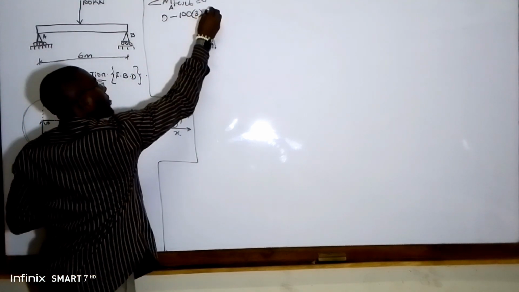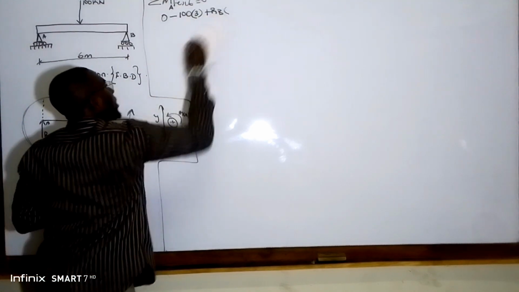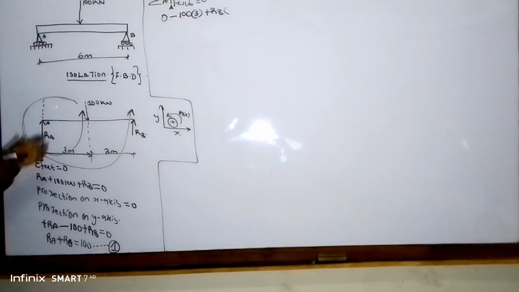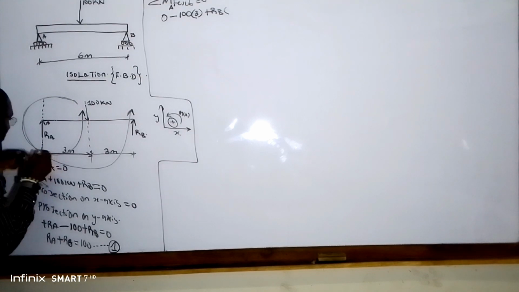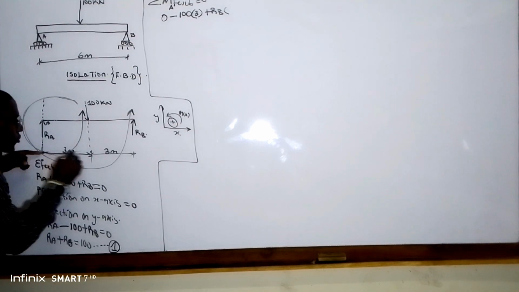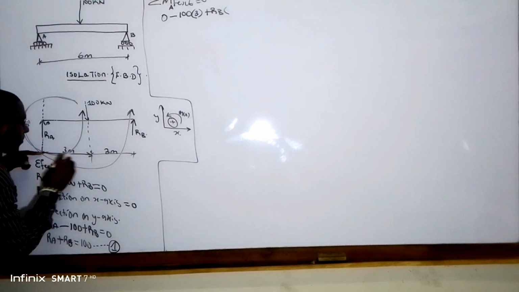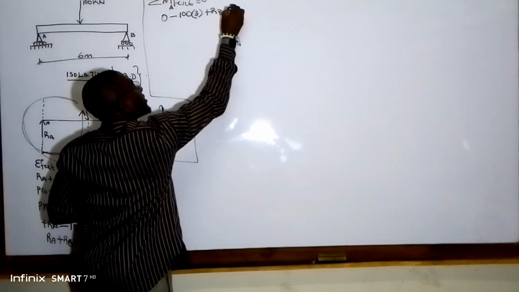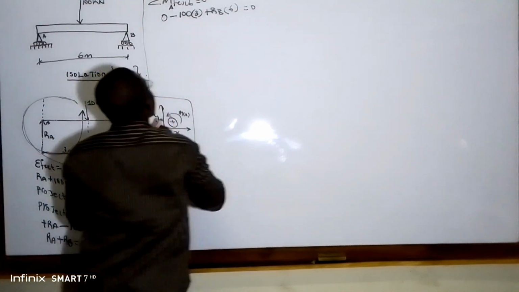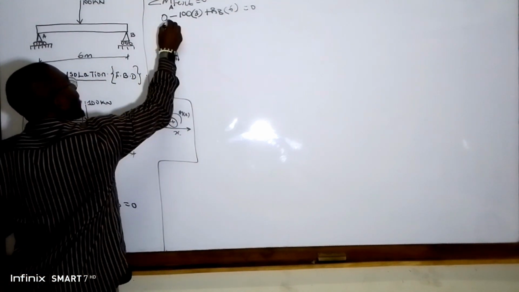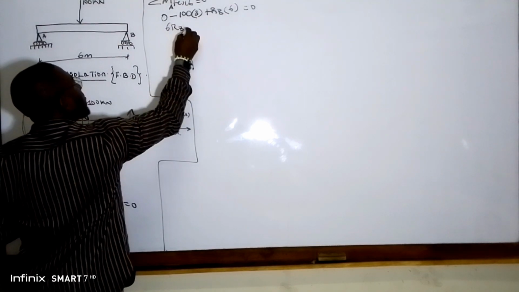So we now have plus RB into the perpendicular distance, because RB there is the force. Now the perpendicular distance is from our center of moment up to where we have the force. So it is 3 plus 3, which is 6 meters, equal to 0.